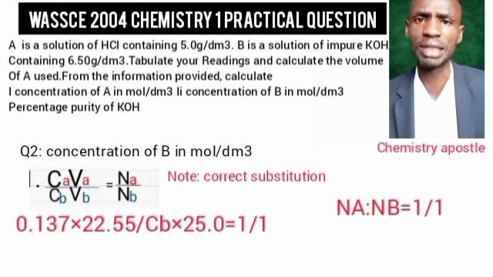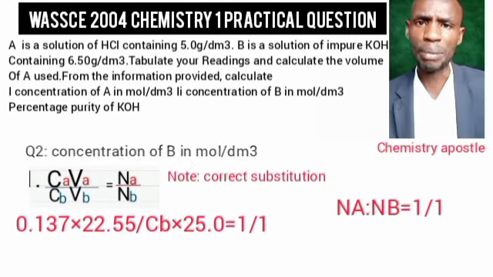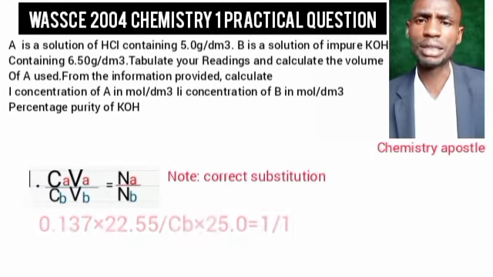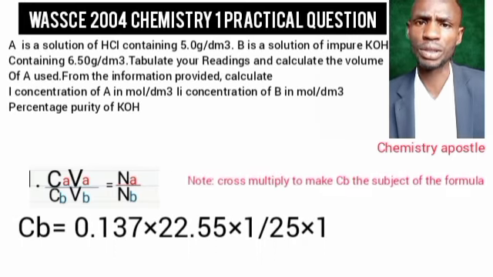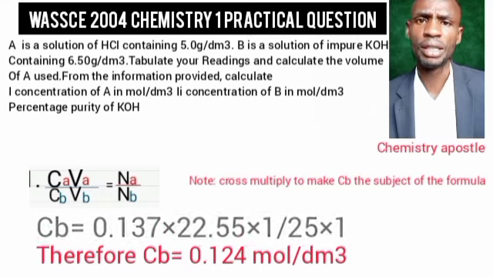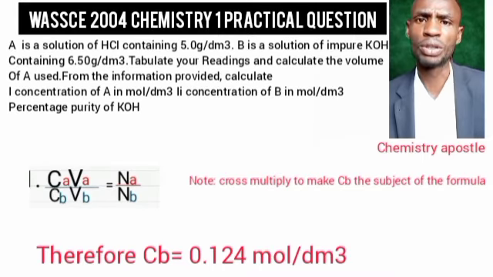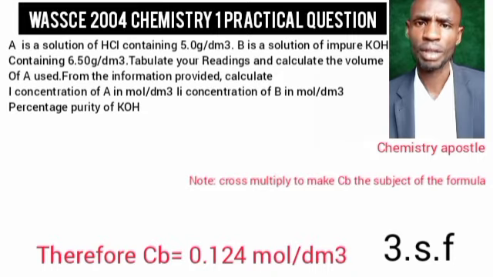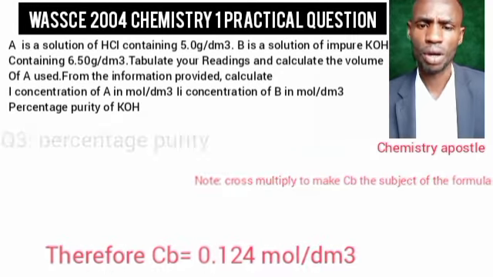We can now make Cb the subject of the formula, then get our final answer. Remember, whenever you are calculating molarity, either the concentration of A or the concentration of B in mole per dm cube, it must be in 3 significant figures.